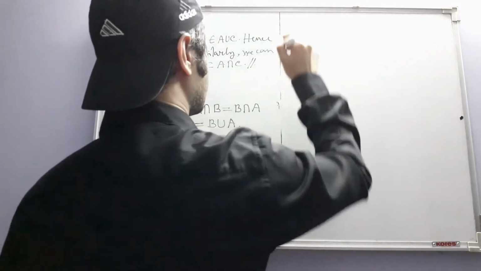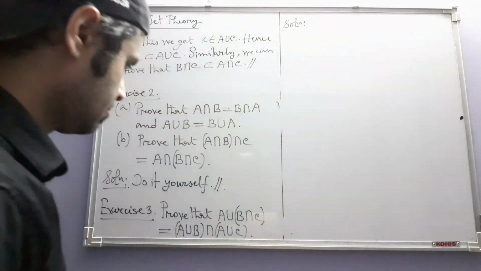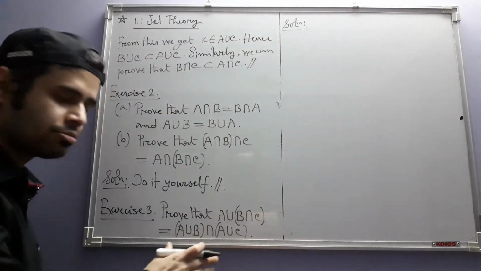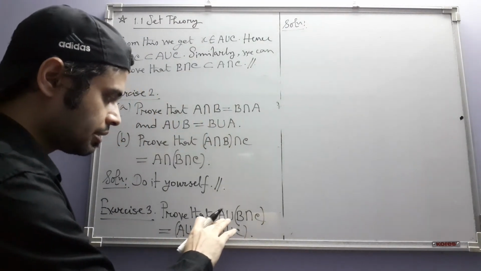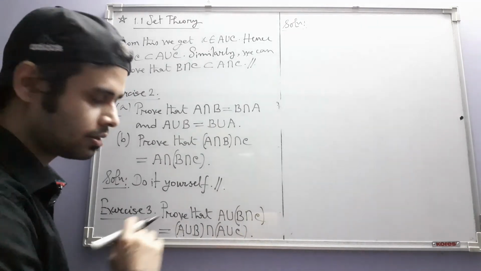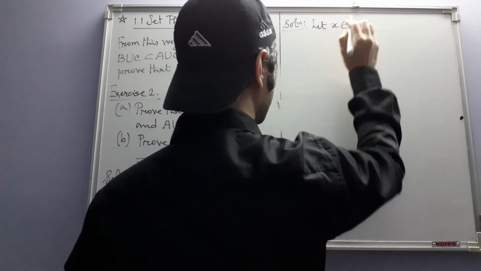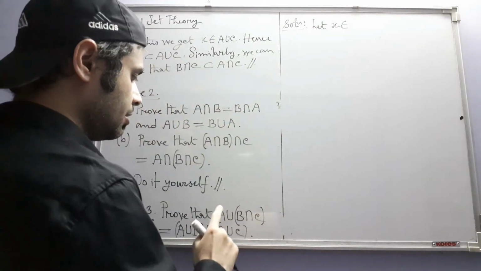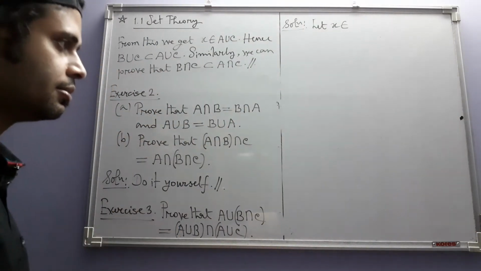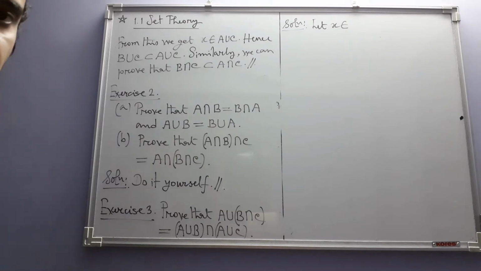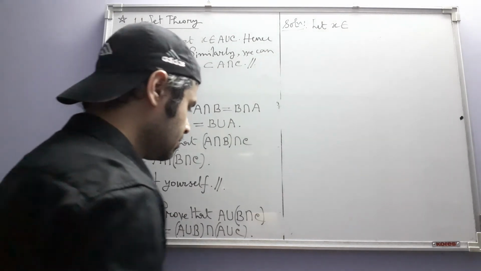So here goes the solution. As usual, we will prove that each one is a subset of the other. So we start by showing that the left hand side is a subset of the right hand side. So let X be any element in A union B intersection C. To save us from writing this implies, which implies from this, we will just use the implication symbol. That will be more neat.